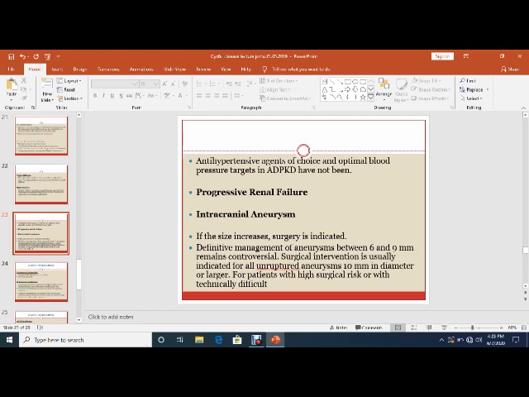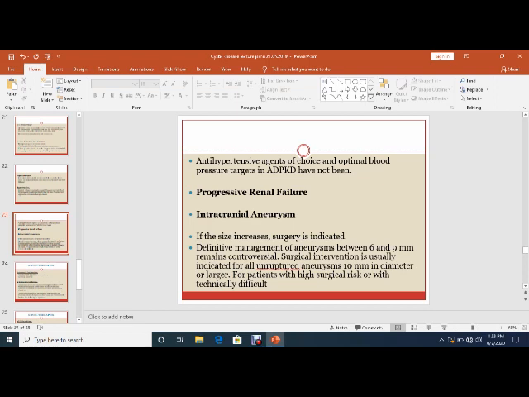These patients can develop progressive renal failure and intracranial aneurysm. If the size increases, surgery is indicated in intracranial aneurysm. Definitive management of aneurysm between 6 to 9 millimeters depends upon size.